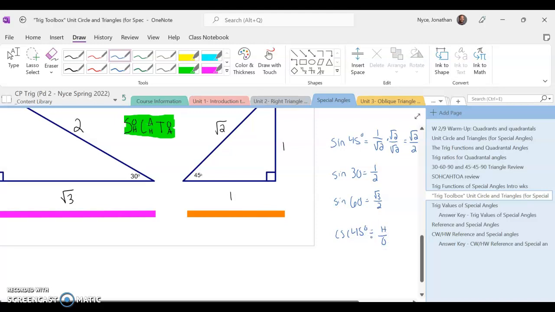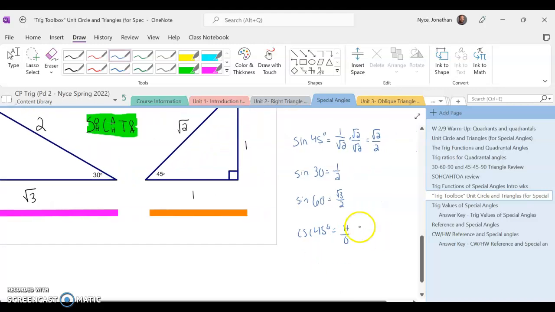For 45 degrees, my hypotenuse is the square root of 2, and my opposite side is just 1. So the cosecant of 45 degrees is just the square root of 2.